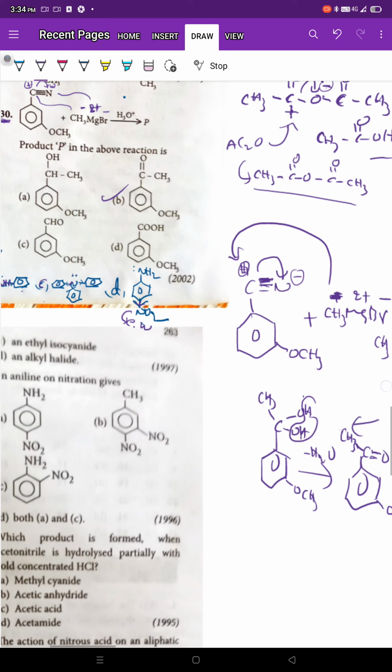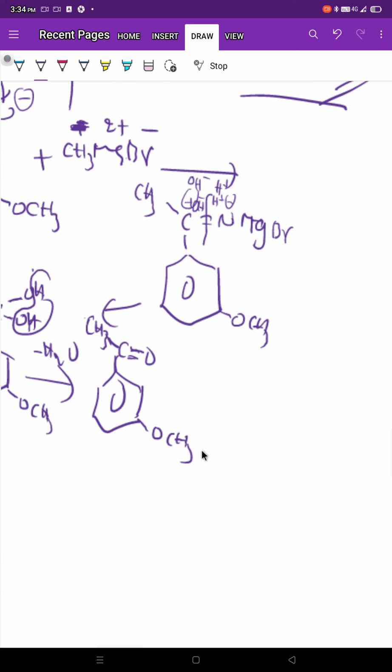On further acid hydrolysis, as we have seen here, the OH groups are present and H plus are there. On acid hydrolysis, in presence of acid, water is broken into H plus and OH minus ions.